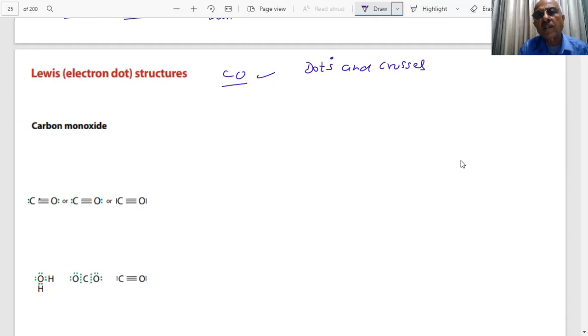The dots are like this, crosses are like this. Mostly in the books you will find dots being used. A line represents two electrons. When I write like this, there will be two electrons. Okay.